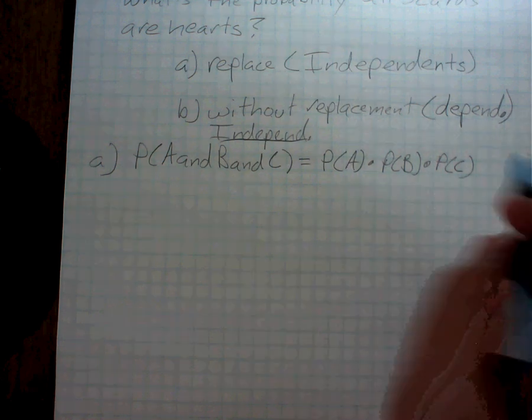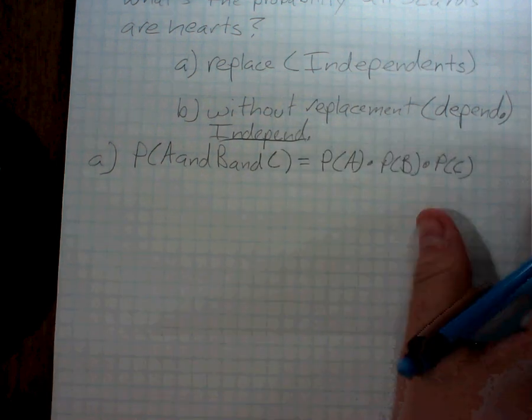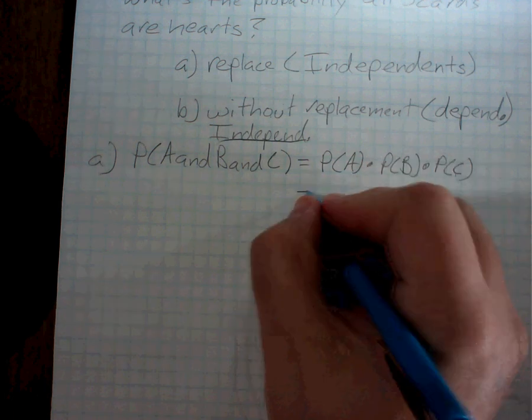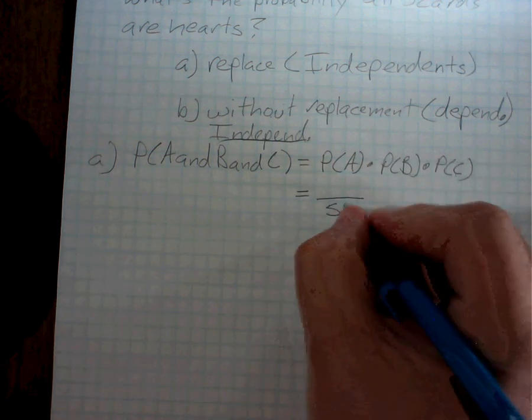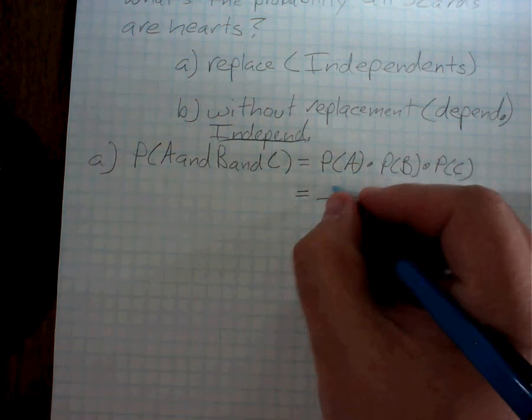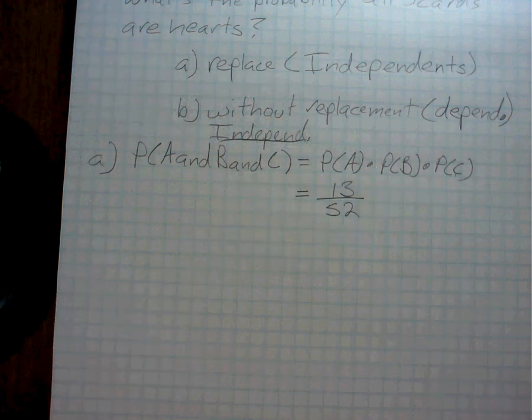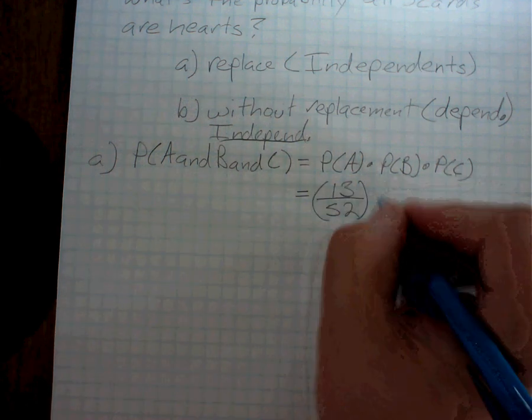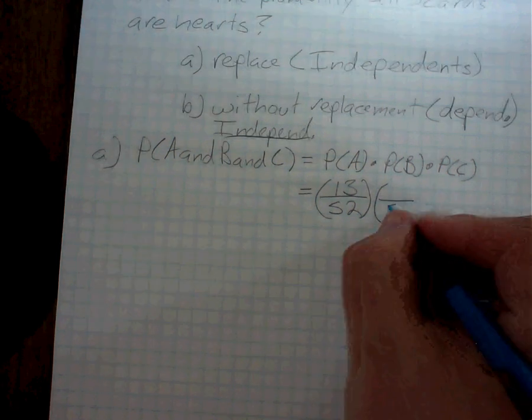Now, if I replace the card back in, the probability of A is, there are 52 cards total. What are the odds of me reaching in there and pulling out a heart? Well, there are 13 hearts in the deck, so I've got a 13 out of 52 chance of doing that. If I put the card back in, I still have 52 cards.